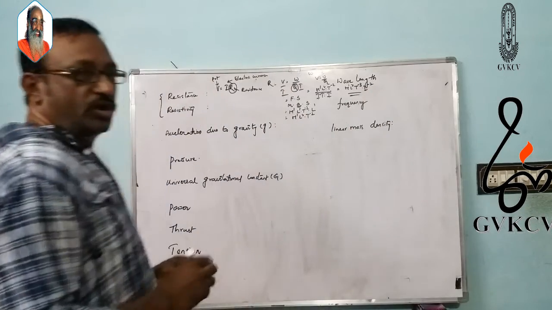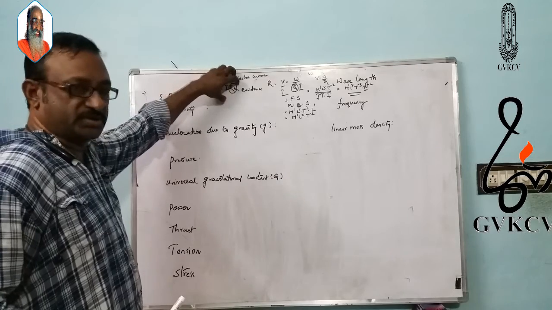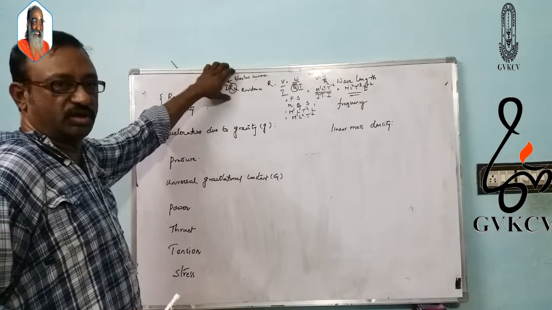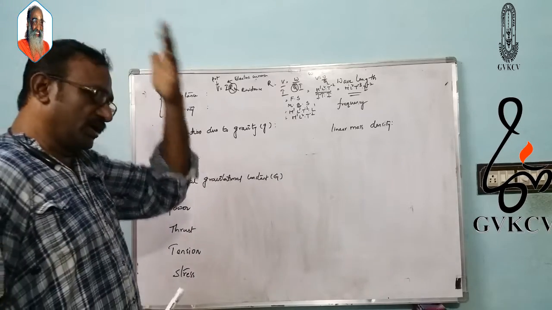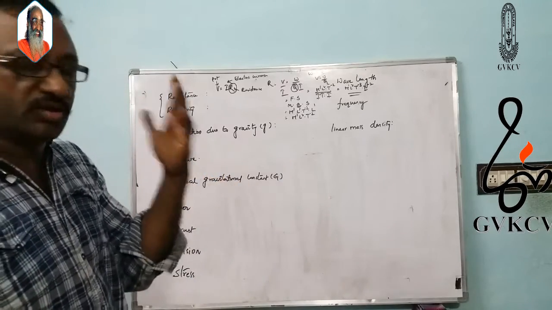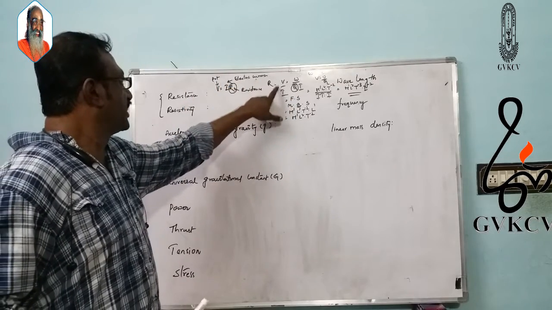Okay, so very simple, isn't it? If you remember this expression, you already know very well Ohm's law. Once resistance comes, the expression V is equal to IR will strike your mind, and from there R is equal to V by I.